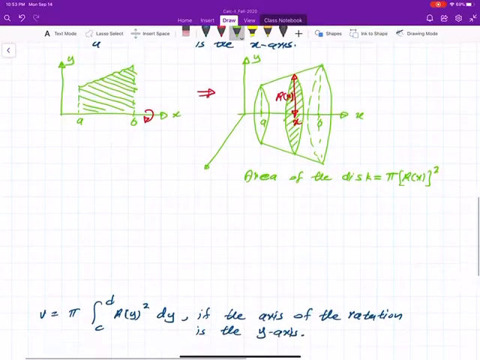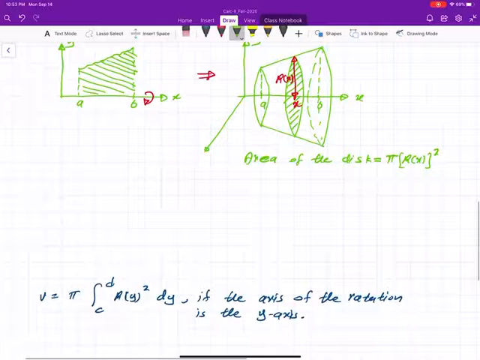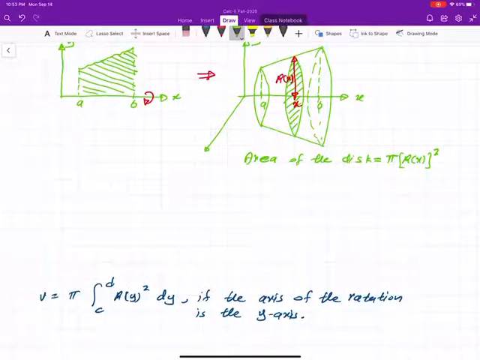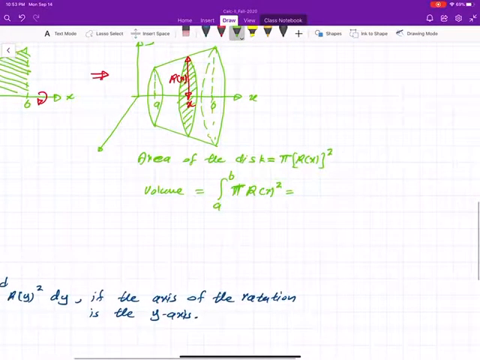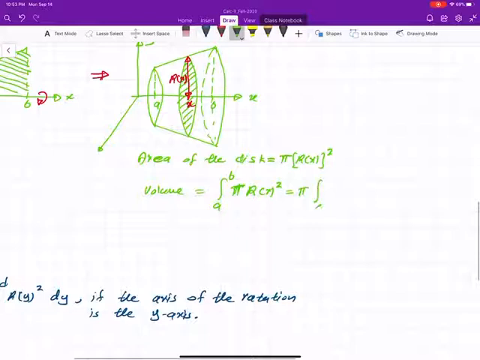Then it is simply the integration, the volume should be the integration of this function, which is pi r of x squared. Here it is from a to b. All right, then you can write this as, you can take pi out because it's a constant, integral from a to b of r of x squared dx.